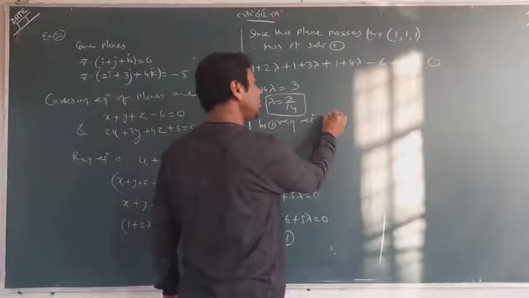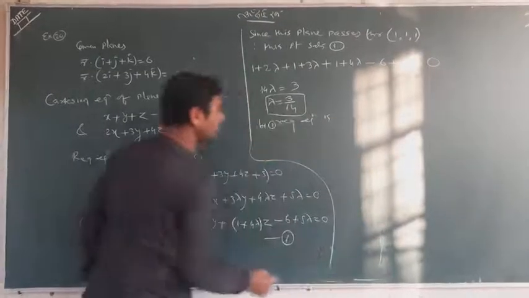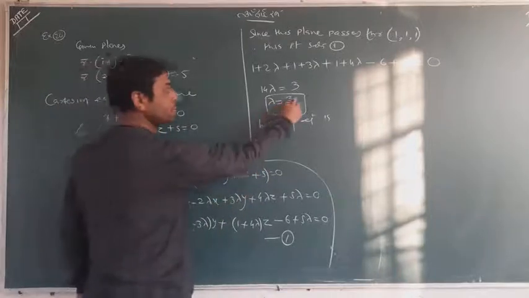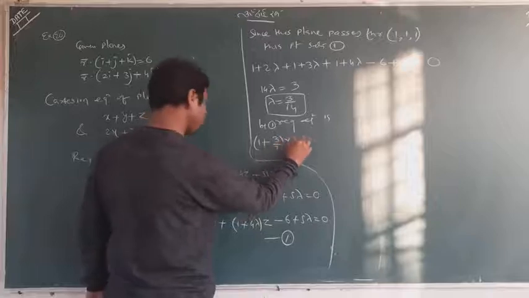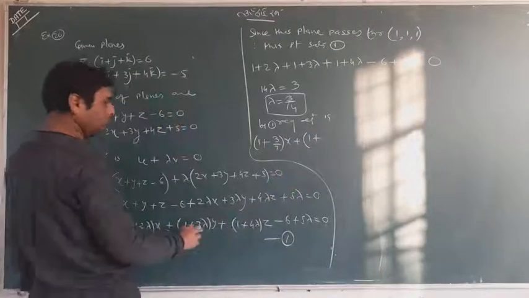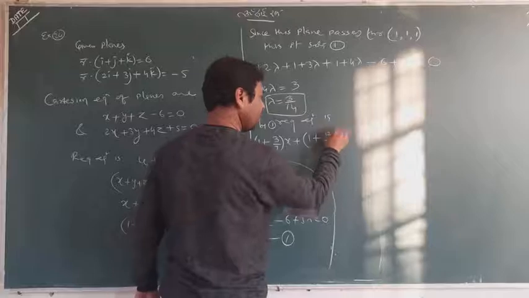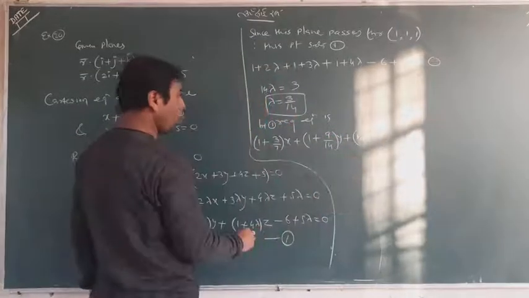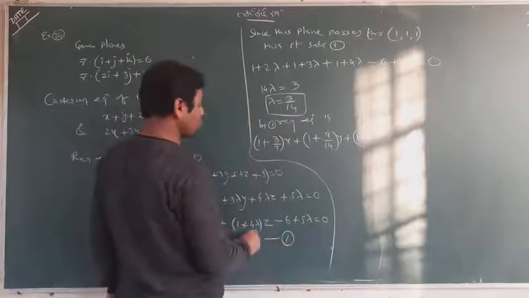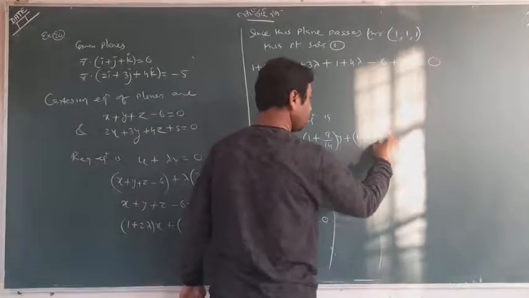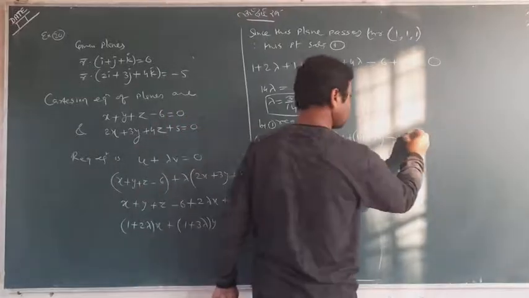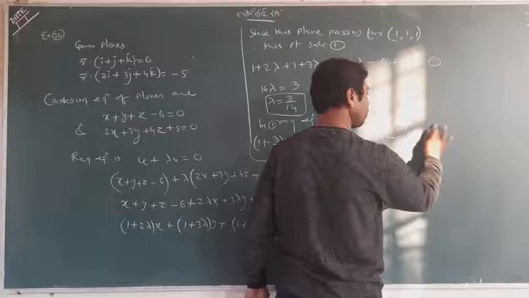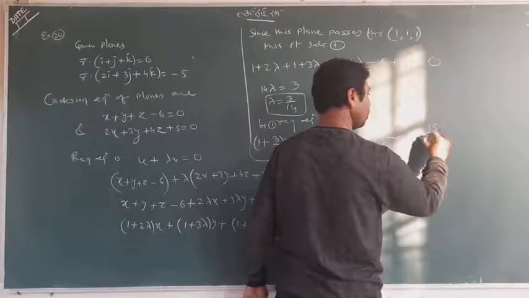Put your lambda into the equation. The required equation is, put in its values guys, 1 plus 2 into 3 by 14, that is 3 by 7. 1 plus 3 into 3 by 14, that is 9 by 14. 1 plus 4 into 3 by 14, that is 2 twos are 6 by 7, and minus 6 plus 5 into lambda, 15 by 14, is equal to 0.